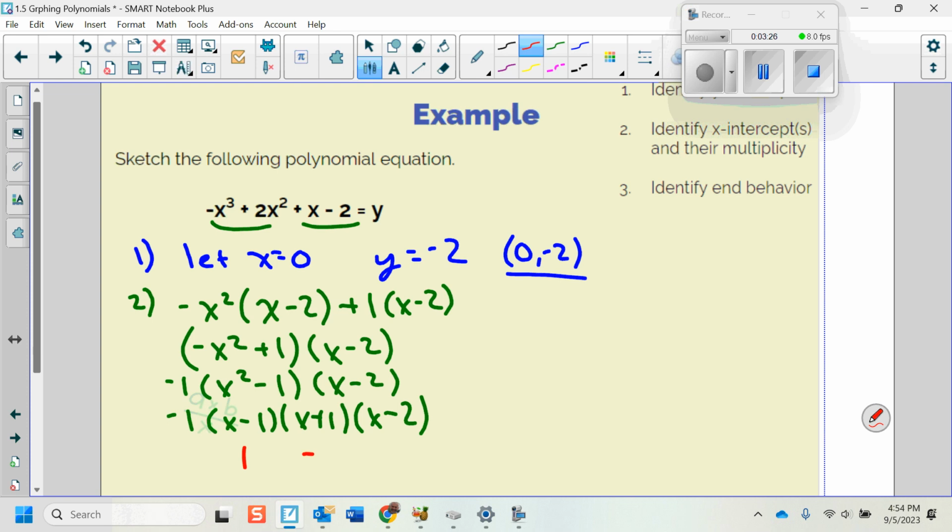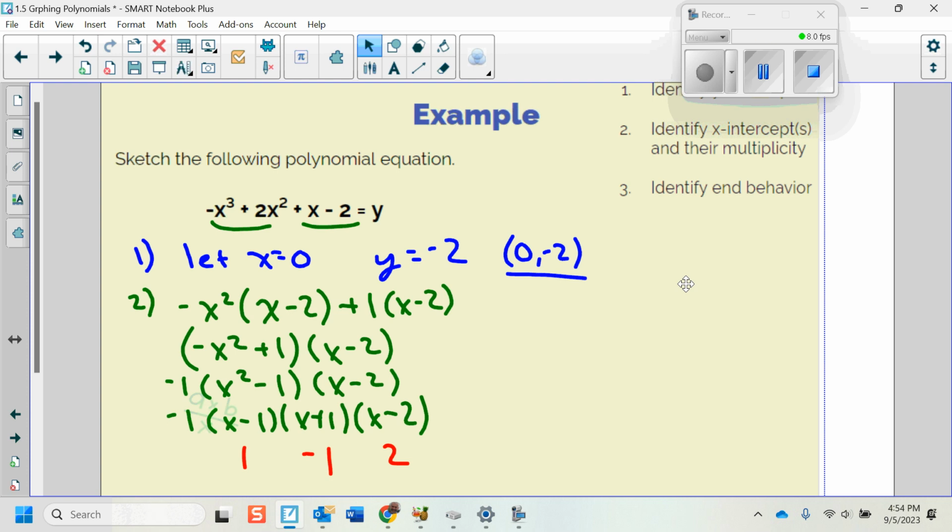My zero here is -1. My zero here is 2. Notice none of them are squared or raised to the 3rd power, so all of them have the same multiplicity. Those are the zeros, and they all have a multiplicity of 1. So I identified the x-intercepts: 1, -1, and 2, and their multiplicity is 1.